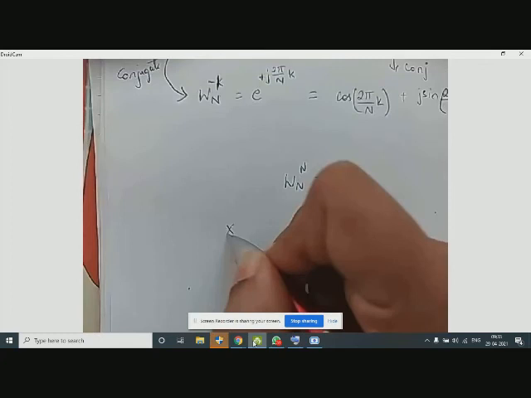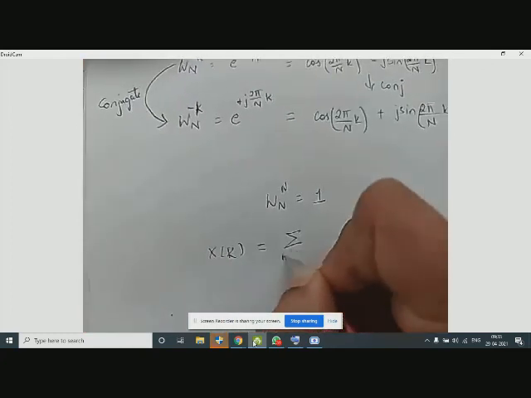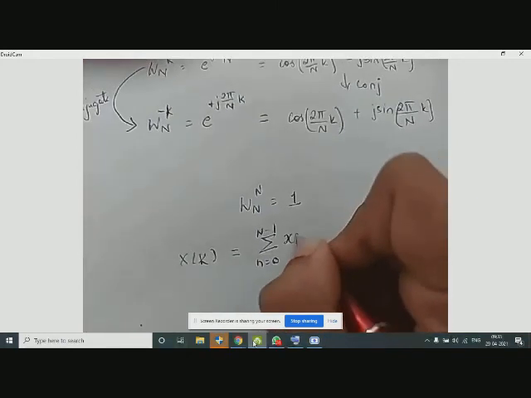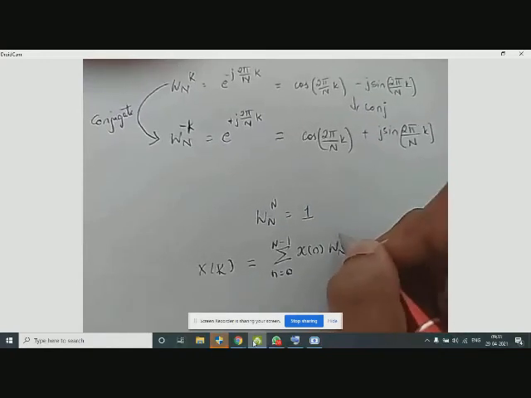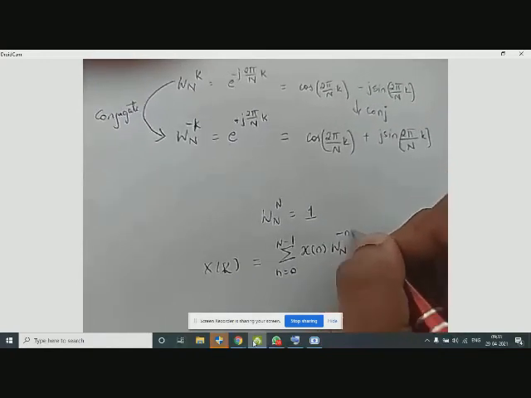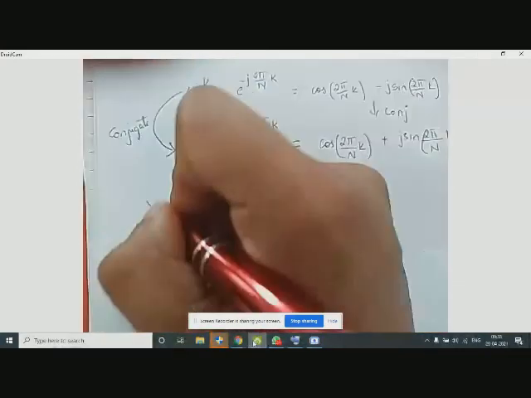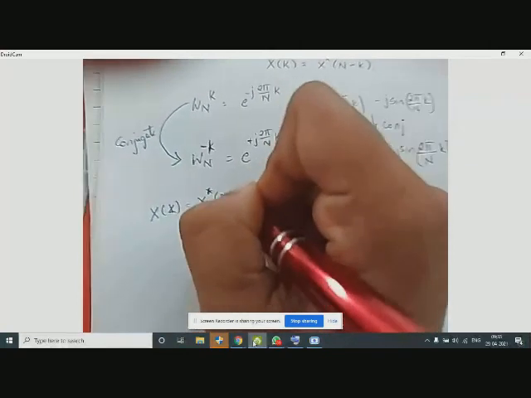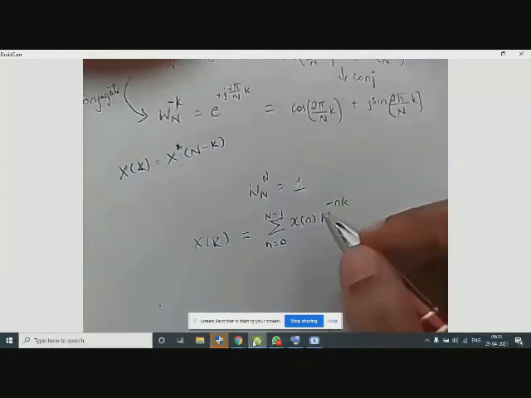See, you have x of k is equal to summation n equal to 0 to N minus 1 x of n Wn power nk. Because you took conjugate, it is minus n into k. Okay. Now what you want, as I told you, you want to prove x of k is equal to x star of N minus k. This is what you want to prove.